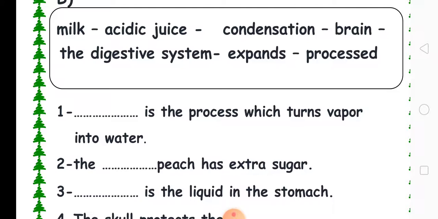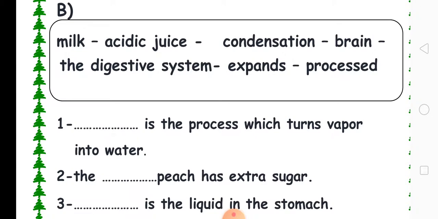Which is the process which turns the vapor to water? We said from water to vapor is called, yes, evaporation by heating. From vapor to water is called, yes, condensation by cooling. So the process which turns vapor to water is condensation.